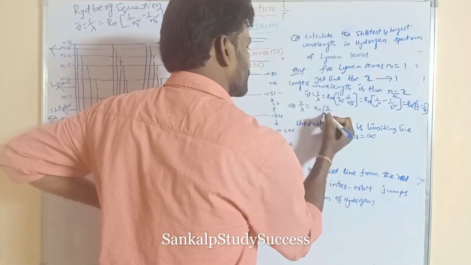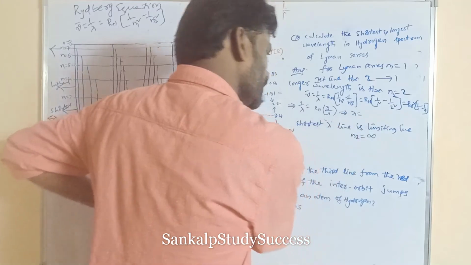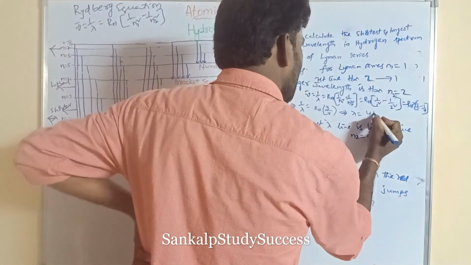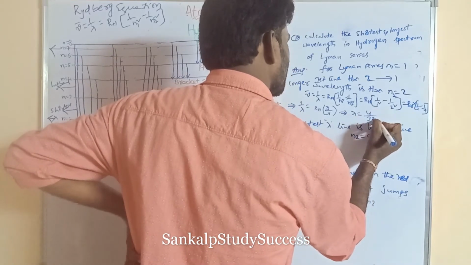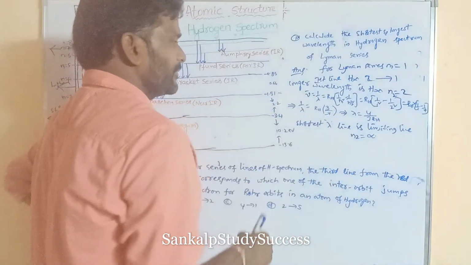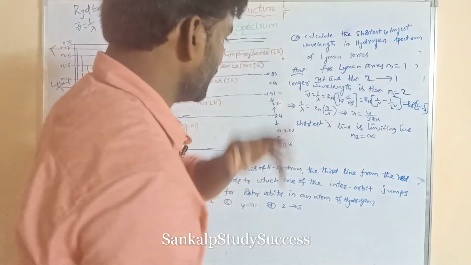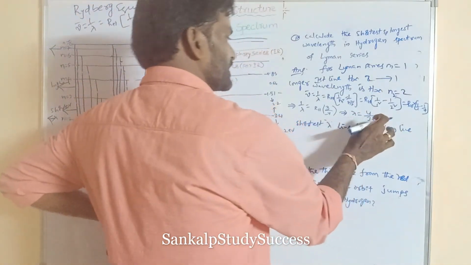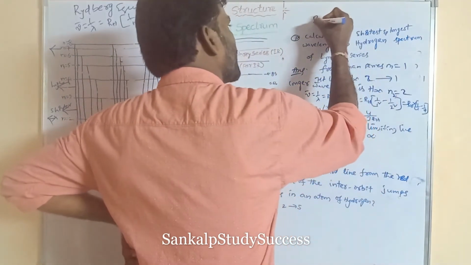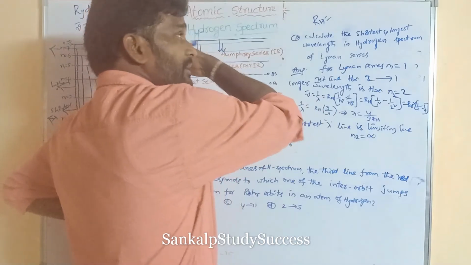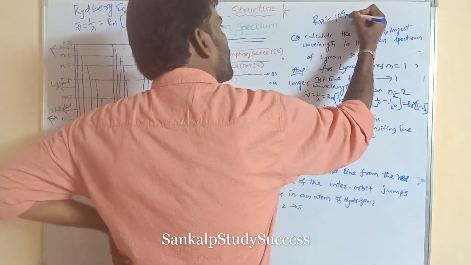Now we want lambda, so lambda is equal to 4 by 3 RH. If we take RH, the Rydberg constant, R is the Rydberg constant for hydrogen. Its value can be taken as how much?